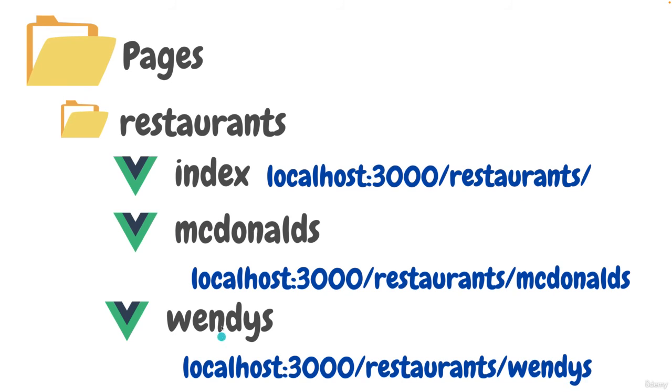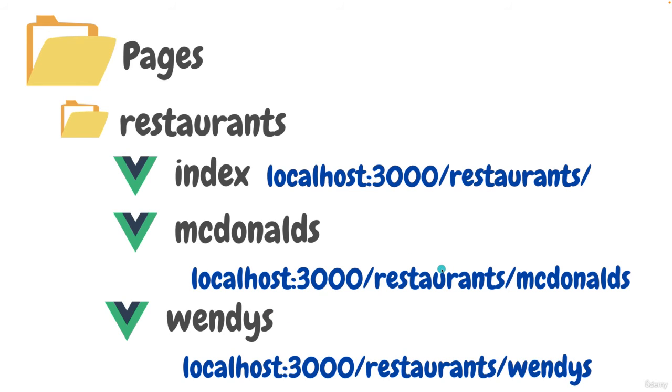Now, obviously, this is not ideal. Adding a file for every single restaurant is not great, mainly because we're going to have a million files, and because this data could be coming from a database and it could be dynamic, so we might not know exactly what is in there. The thing is, the file structure, the HTML structure, for whether it was Wendy's or McDonald's is exactly the same.